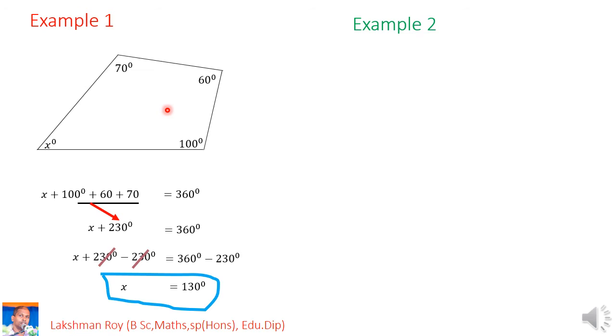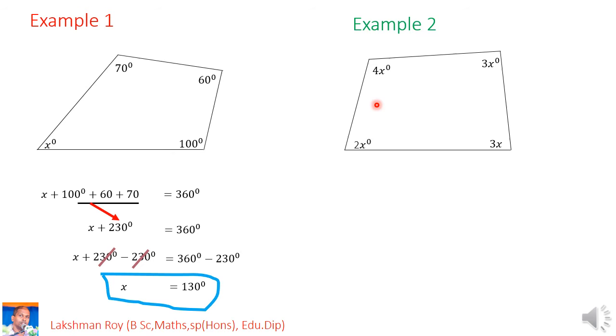Right, let's move to another example, example 2. So see, this is my quadrilateral. You can see a four side polygon. Now this interior angle is, students, 2x degrees. This interior angle 3x, this one also 3x, this one 4x. Now all four angles are unknown, but what we can write?